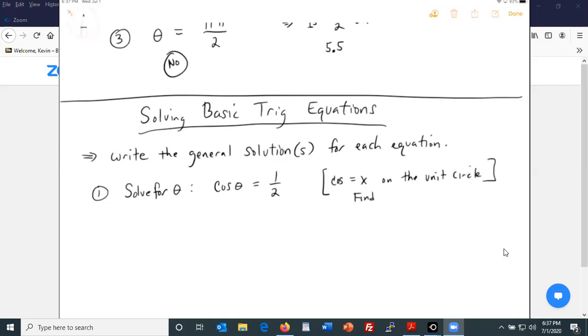So you want to find where x equals a half on the unit circle. And there's two of them. So let me give you a minute there to catch up, and then I'm going to switch to my unit circle, and I will point them out for you in case you're a little lost.